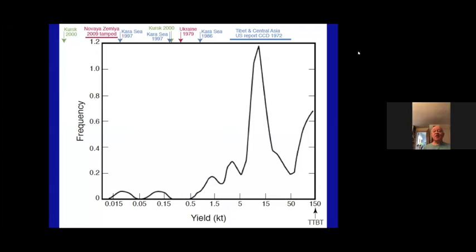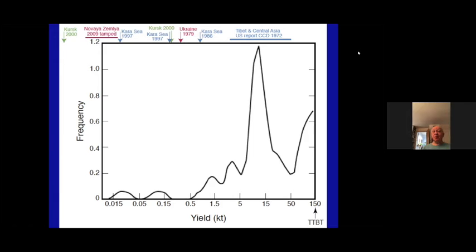Okay, so what explosions of what yields, of how many kilotons, KT, are important? We can see here a plot from the 1970s and 80s of the frequency of Soviet testing at either of their test sites. And we can see a huge peak at around 10 kilotons.